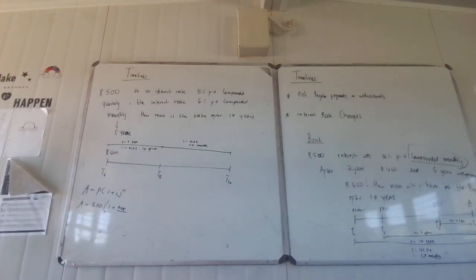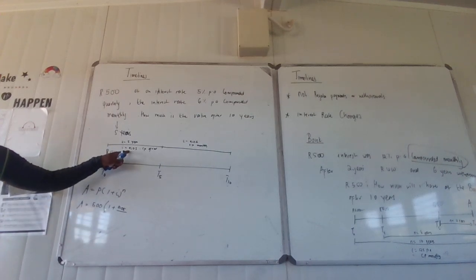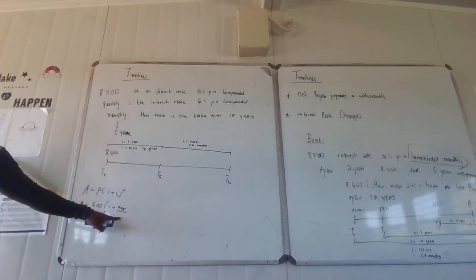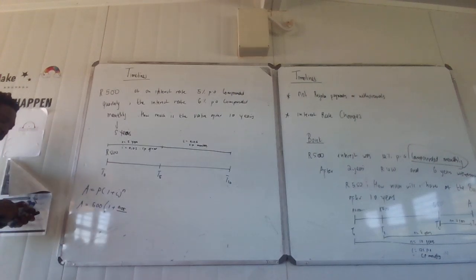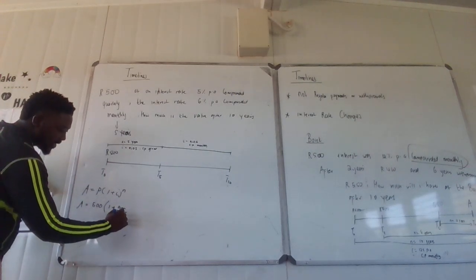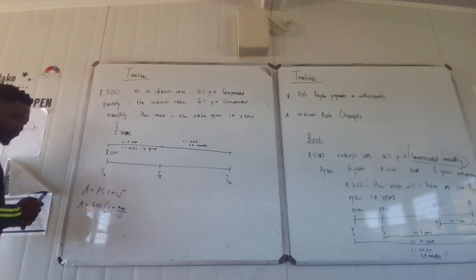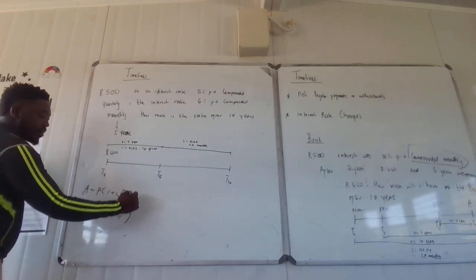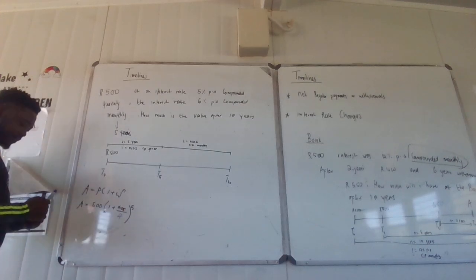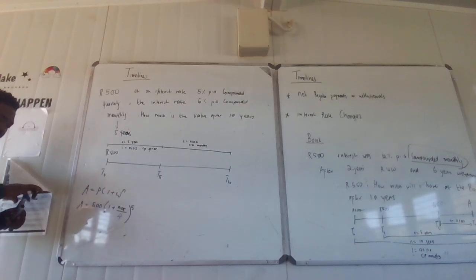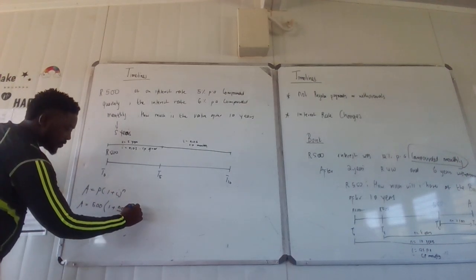For that 5 years, our interest rate is 0.05. What should we divide by here? It will be divided by 4 because it's compounded quarterly. Divided by 4. How many years? 5 times 4. Good.